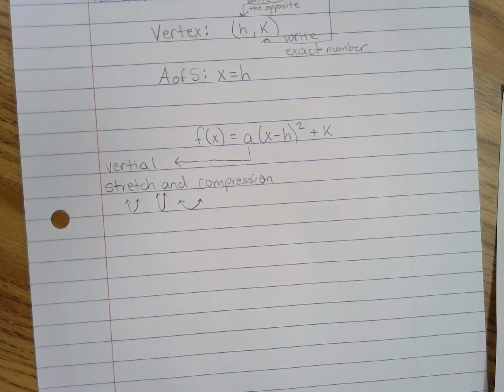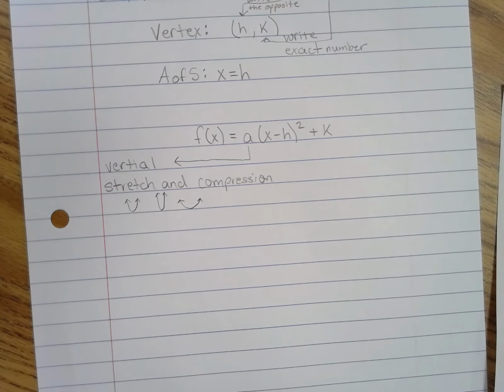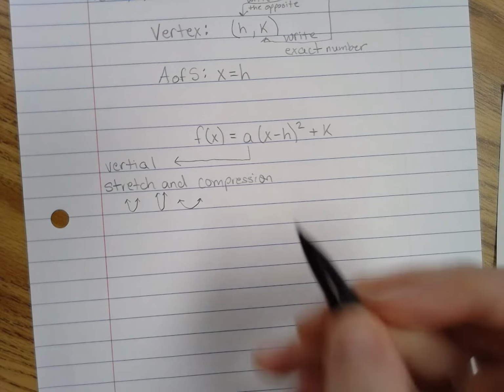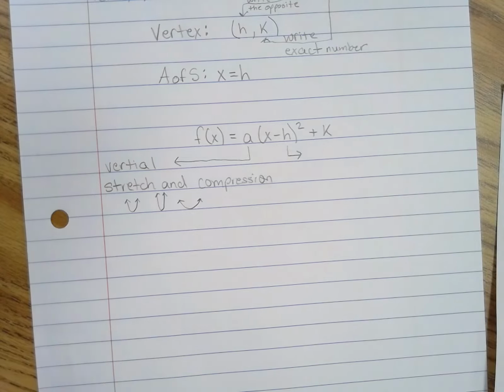Okay, so that's what that a value does. It stretches it up real tall or squishes it down short. As we've mentioned already, the a value also determines if it opens up or opens down, and we'll look at that some more also.